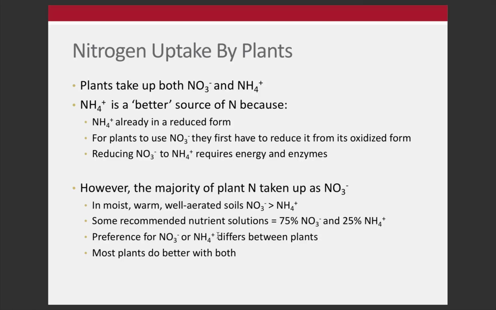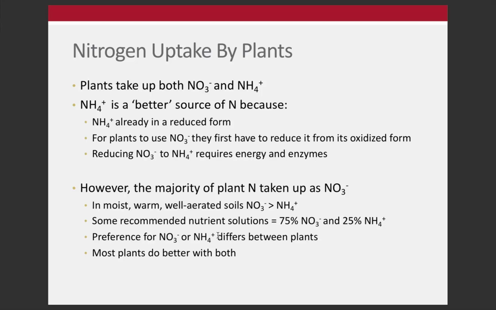And the same concept applies where we've got ammonium and nitrate. Ammonium is the reduced form and nitrate is the oxidized form. Going down the line, nitrate is in a lower energy state than ammonium.